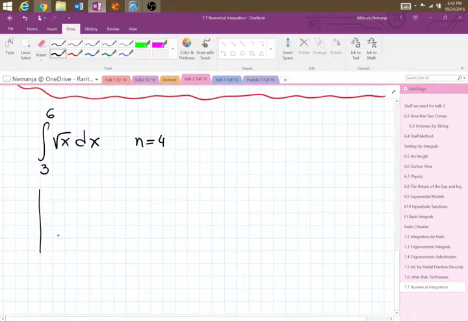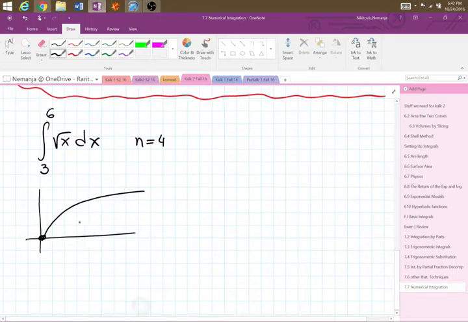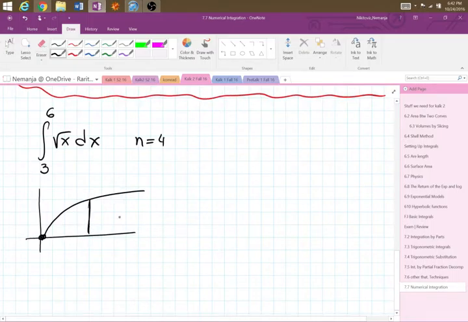So you draw some kind of sketch, and you say we're going from 3 to 6 here, and we have to have 4 rectangles in that region. So the question is, what are these values along the way?